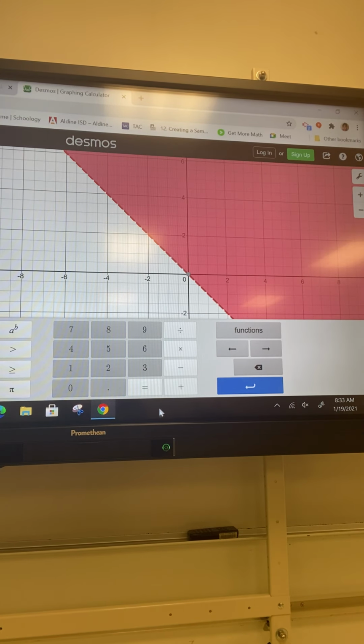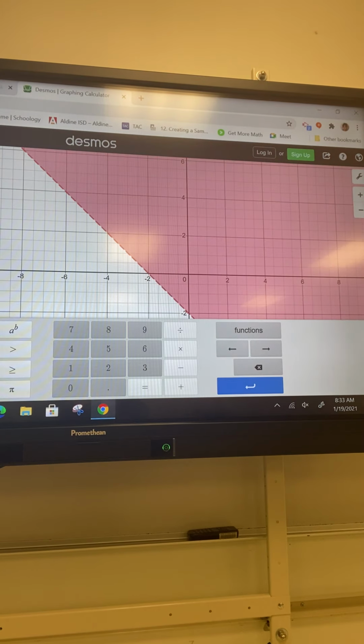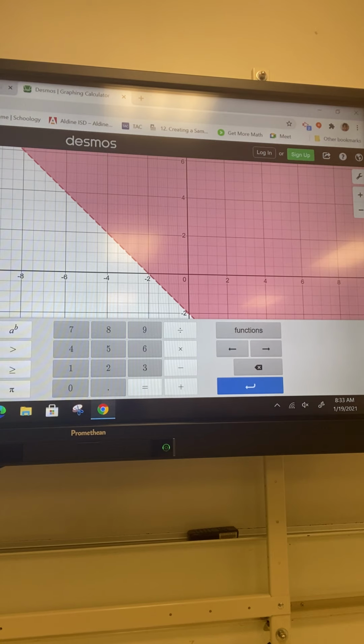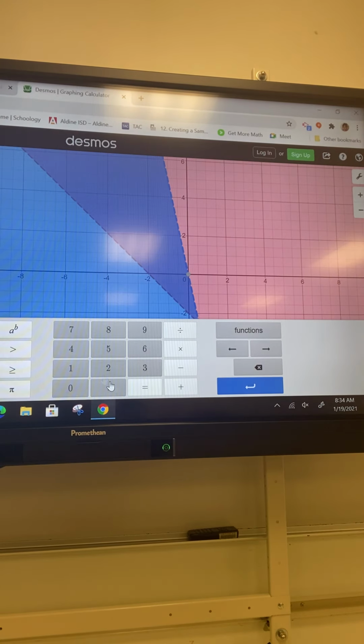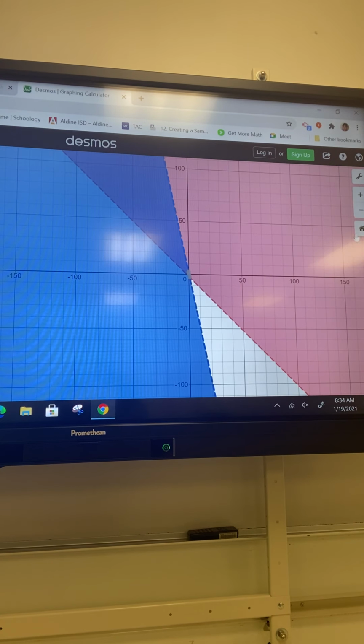And you can see as you do that, that it will automatically shade for you, all right? So that's our first inequality. y is greater than negative x minus 2. And then we can add a second one. Again, you can see here, I'm going to zoom out a little bit, that it graphs both, and the section where they overlap is going to be this darker section here.